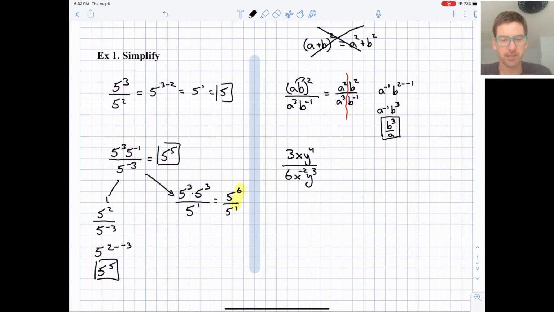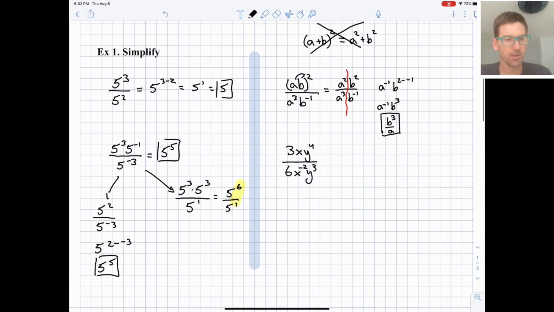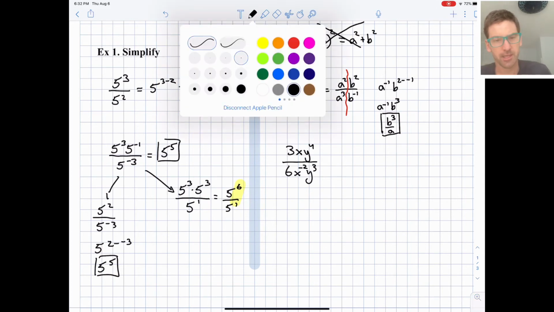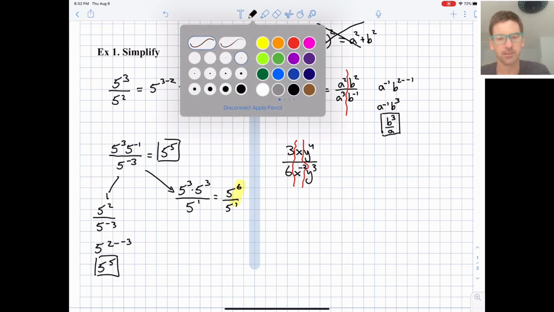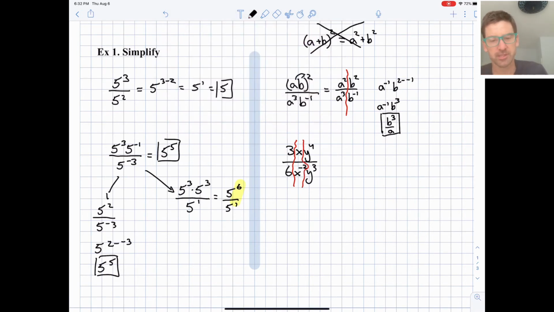And lastly here, before we do some evaluation problems, we have another one with some variables that we'll be looking at. And again, like I was saying, we can treat our numbers separately from our x's, separately from our y's. Okay, so 3 over 6, that reduces down to 1 over 2. And I'm not even going to write the 1 up top.